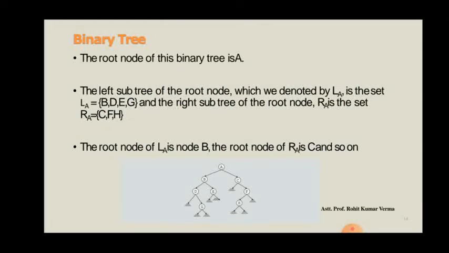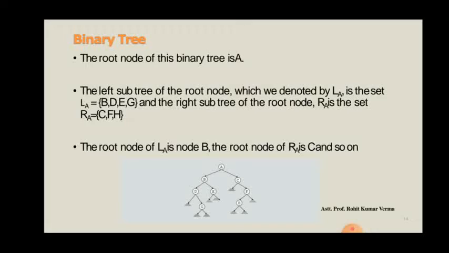Here we have another definition for binary tree. The root node of a binary tree is A. The left subtree of the root node is denoted by LA. What is the left subtree of root node A?